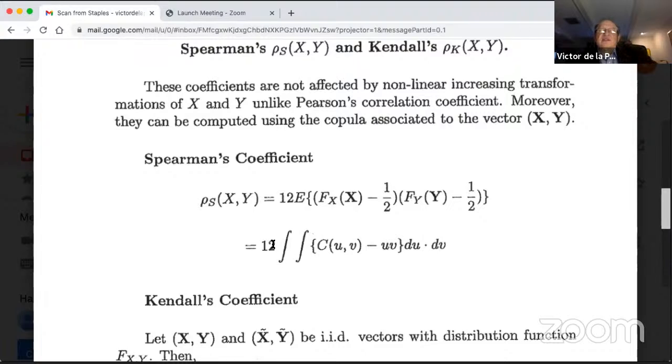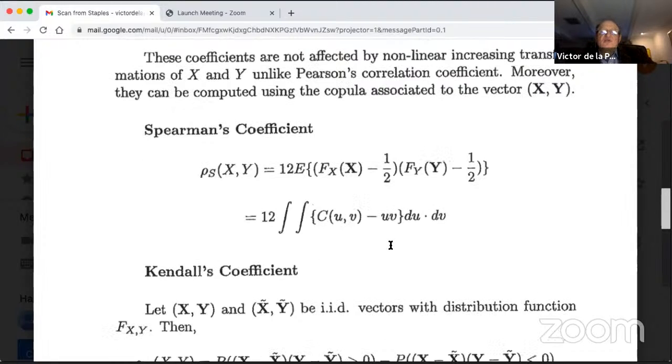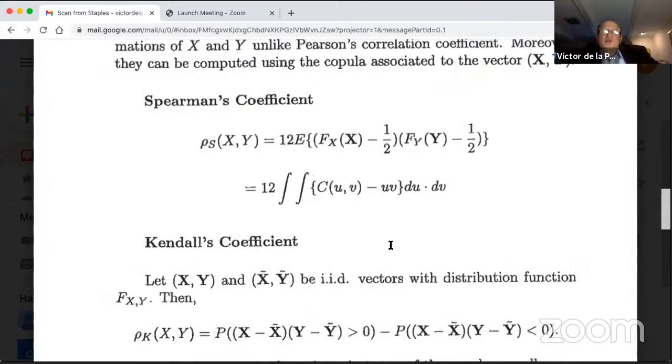So you see, the Spearman correlation of a joint distribution is basically the distance between the copula associated with that joint distribution and the copula of independence. Very interesting. So the Spearman correlation is measuring the distance between the copula and the copula of independence.